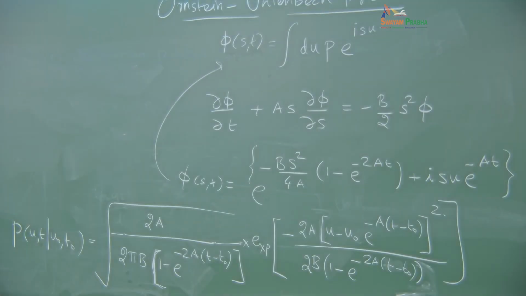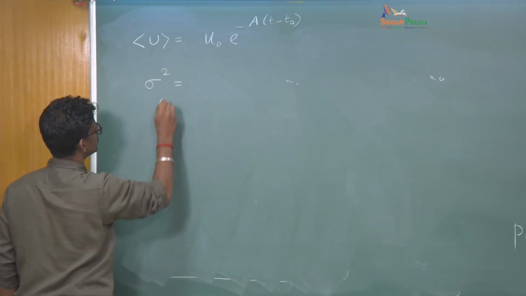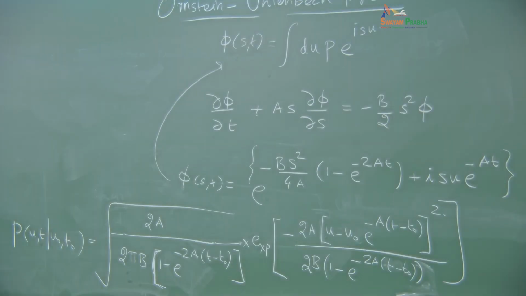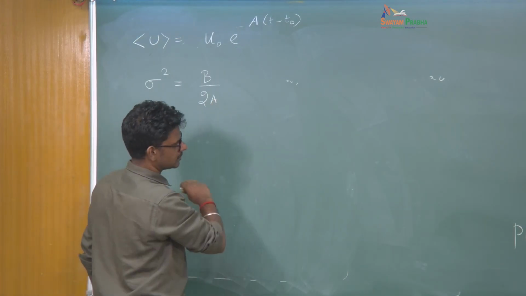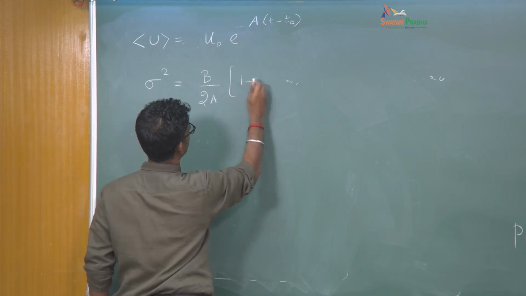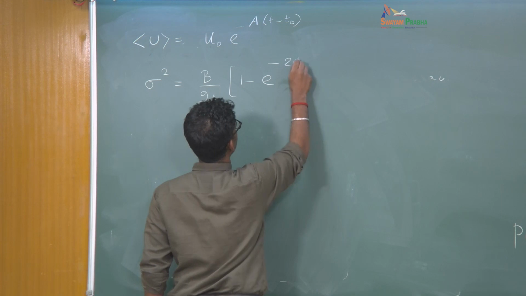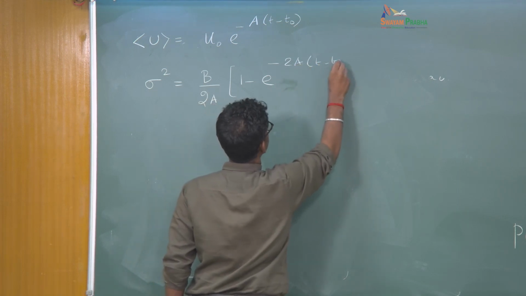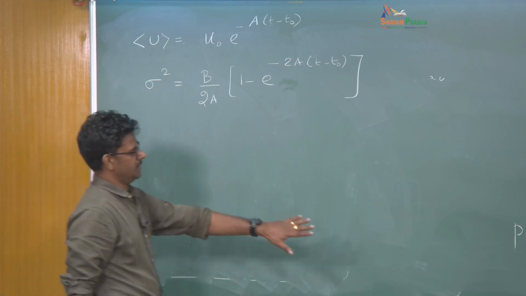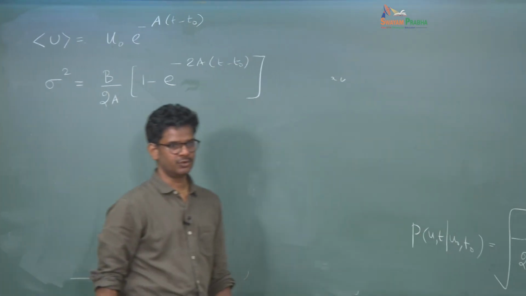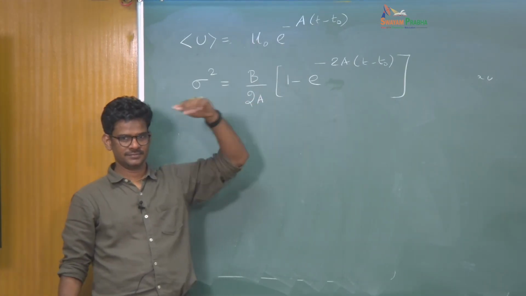That is your mean value, and then the variance is b by 2a times (1 minus e to the power minus 2a (t minus t naught)). So this basically is a Gaussian distribution with the mean of this expression and the variance of this.